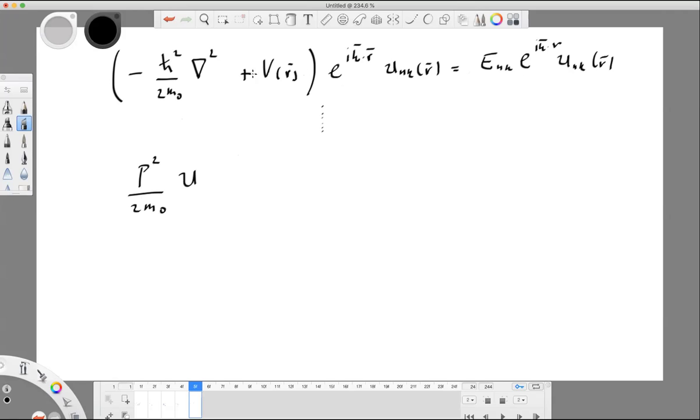After you do all the derivatives, you will be left with a global prefactor of the exponential on each side, which you can cancel, so you will only be left with an equation for the u.